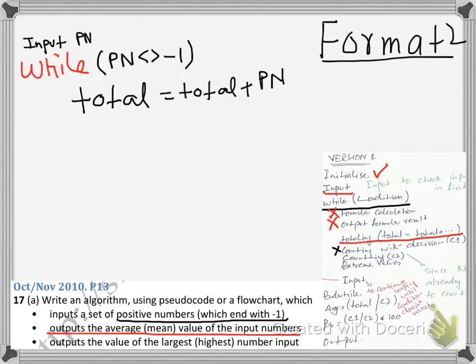Since in format 1 this is already given, in here it is not given. So we have to do it here ourselves. So we will increase the count. This is what we are going to do now. Counting, and that counting is without decision.